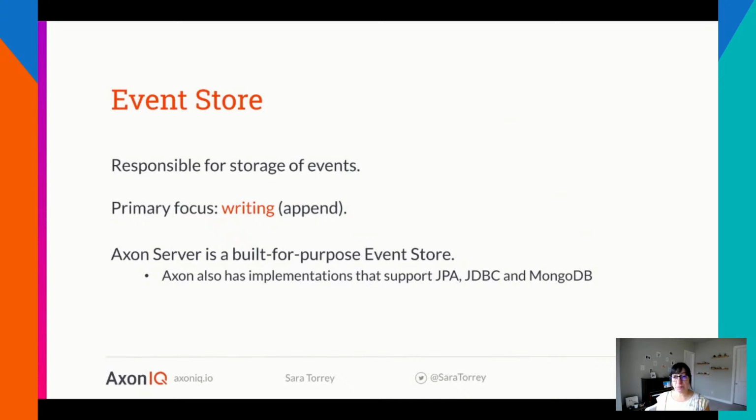So Axon Framework also supports the usage of relational databases through JPA and JDBC, or other forms of databases such as MongoDB, non-relational databases. There are some downsides in using non-relational databases or even relational databases that are used for generic purposes.